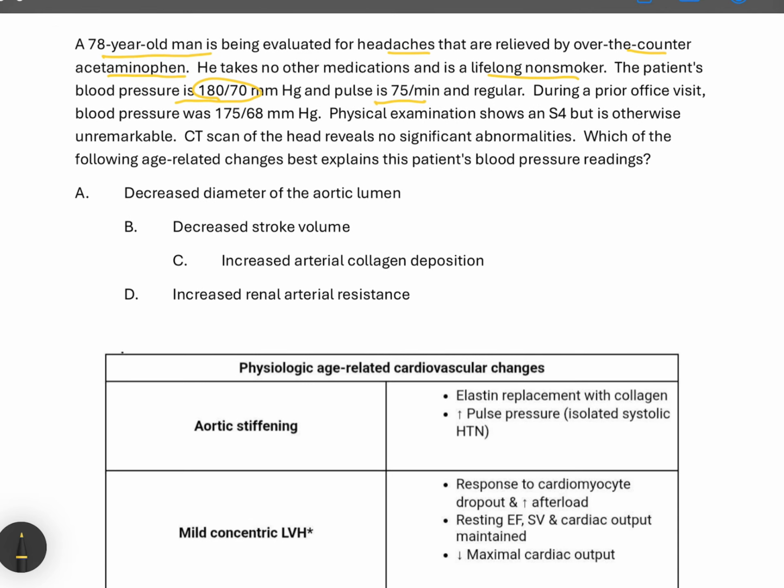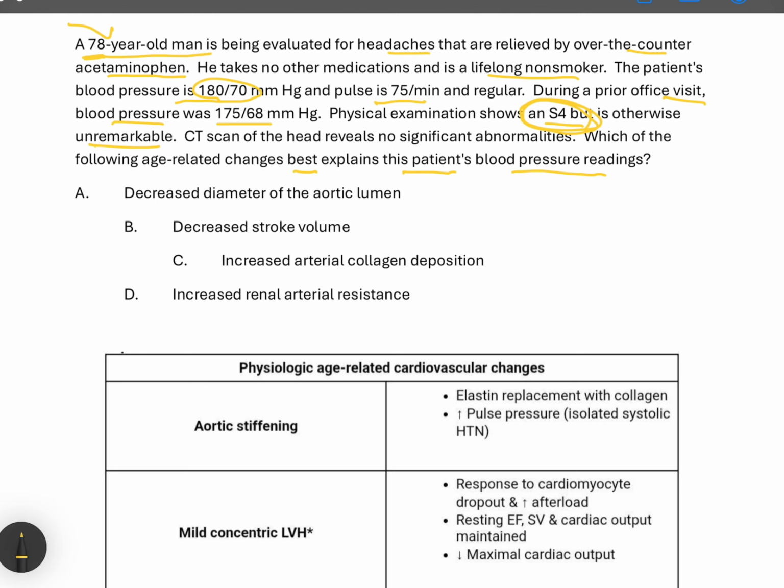During a prior office visit, blood pressure was 175/60. Physical examination shows an S4 but is otherwise unremarkable. The CT scan of the head reveals no significant abnormalities. Which of the following age-related changes best explains the patient's blood pressure readings? First of all, this is not a difficult thing, because he is 78 years old.